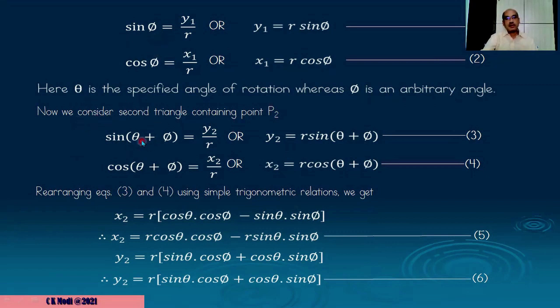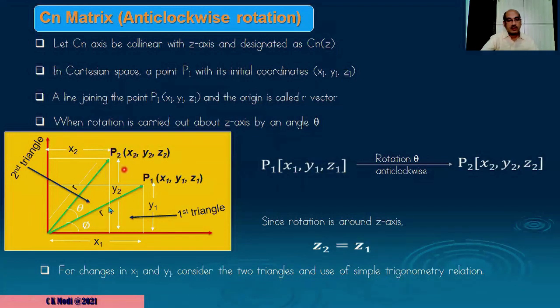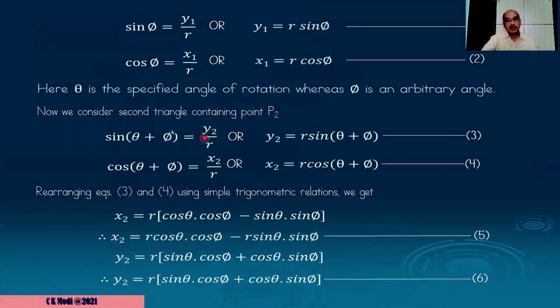Now we consider the second triangle. In the second triangle, sine of theta plus phi is equal to y2 upon r and cos of theta plus phi is equal to x2 upon r.